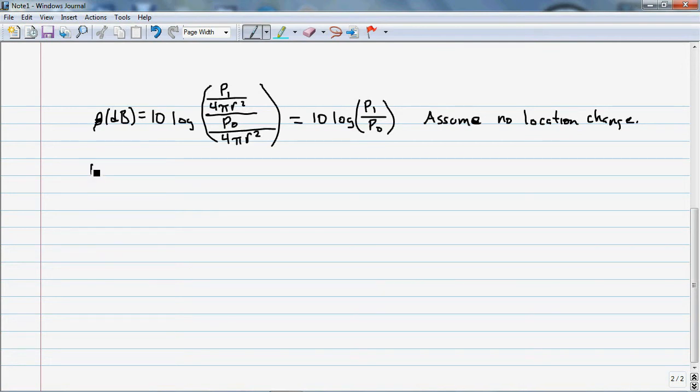So if I make P naught equal to 1 milliwatt, which is 1 times 10 to the minus 3 watts, we get a definition, and we call it decibel milliwatt, or dBm, and that's going to be equal to 10 times the log of P1 over 1 times 10 to the minus 3 watts.